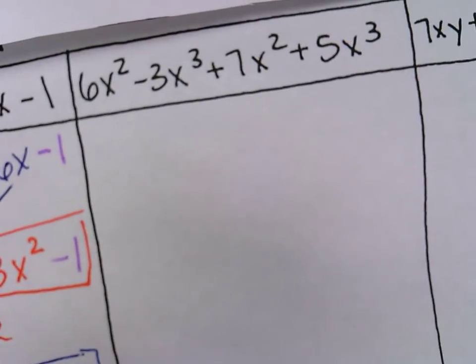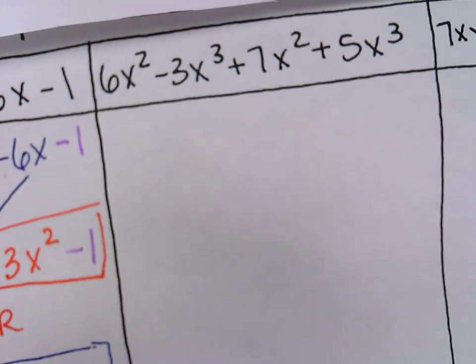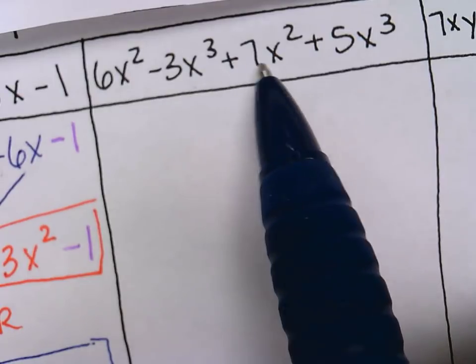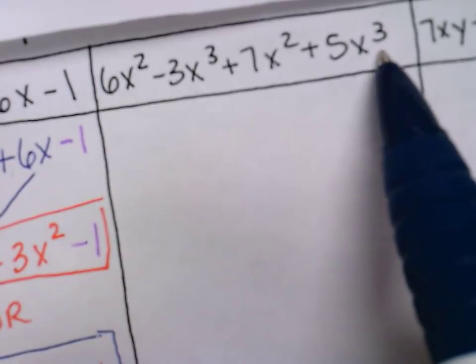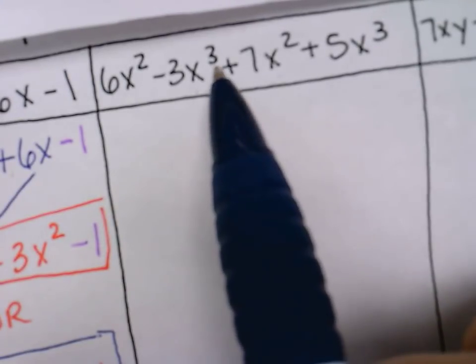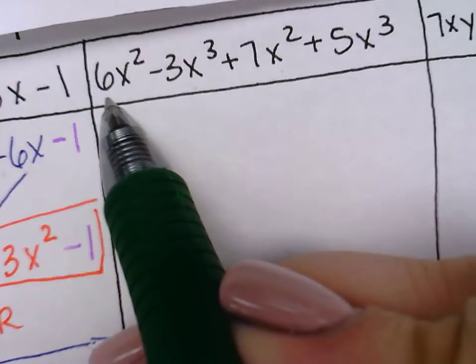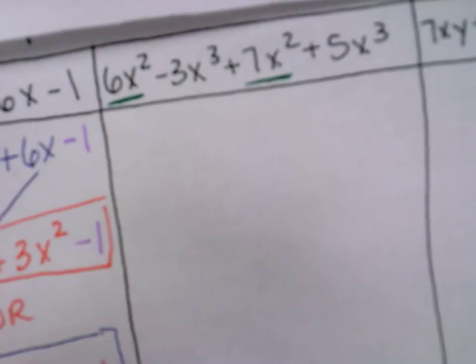The next one, I'm going to color coordinate again. I have 6x squared minus 3x plus 7x squared plus 5x cubed. And I'm sorry, I think I missed the cubed part here. So, color coordinating it, these two are part of the same family.